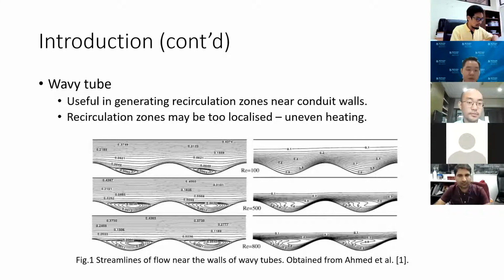This is a wavy tube. It is useful in generating a recirculation zone near the conduit wall. As you can see here, there is a little bit of recirculation zone. But the drawback is the recirculation zone may be too localized, which will cause uneven heating.